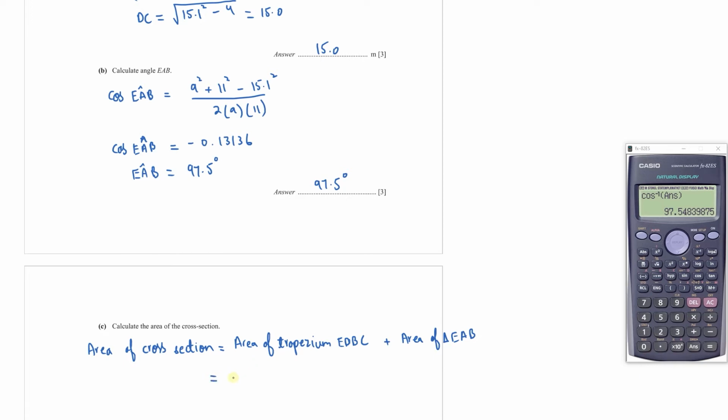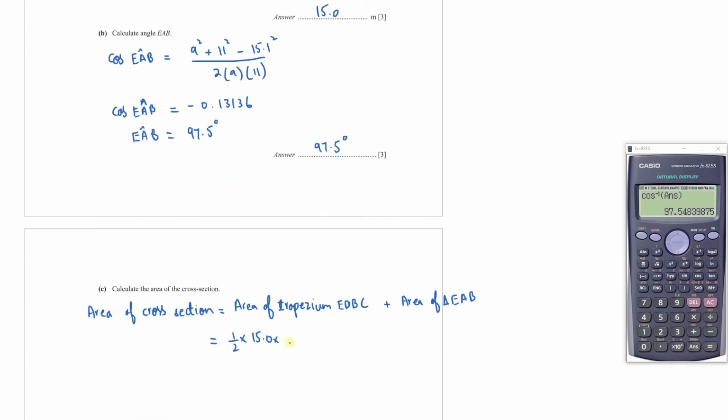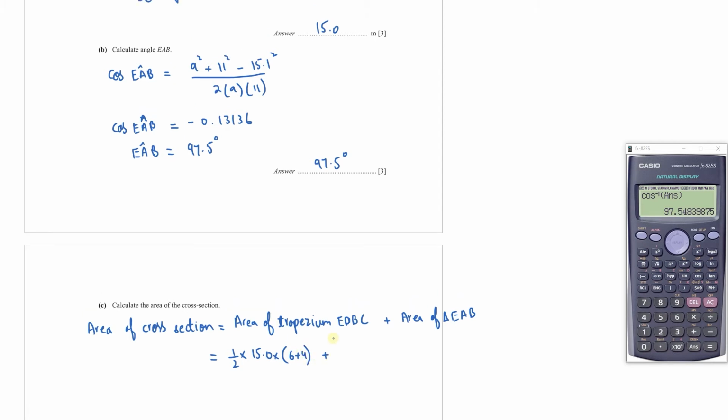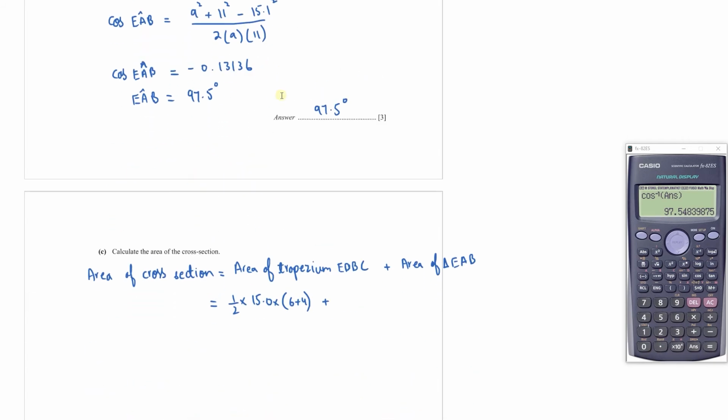So area of trapezium is 1 over 2 into height, which is 15, multiplied by the sum of parallel sides 6 and 4. So 6 plus 4 plus area of triangle EAB will be 1 over 2 into 9 into 11 into sine of 97.5.